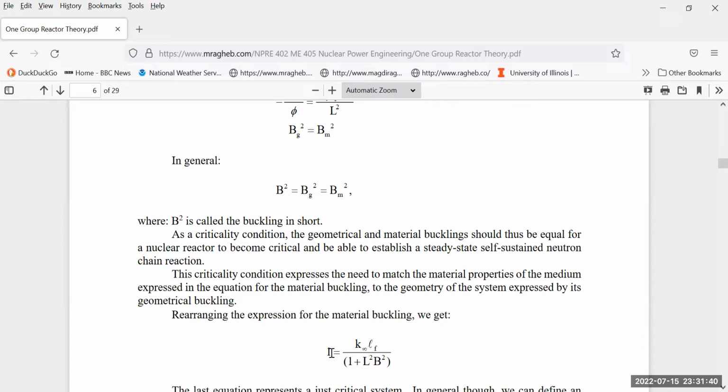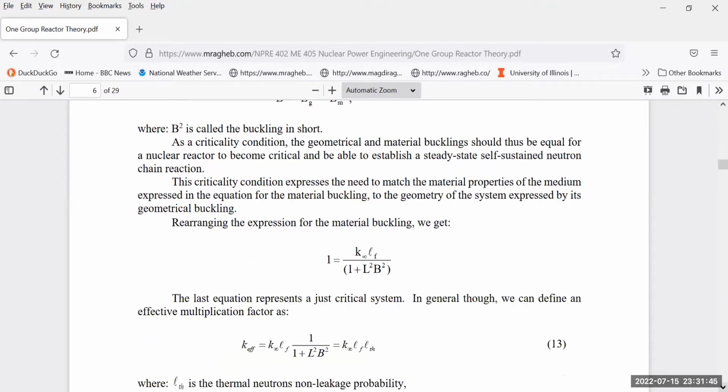And if it is equal to 1, that would be the self-sustained steady state solution, and that would be for just a critical system. Criticality here means that the system is just moving in a steady state because we assume that dN by dt is equal to 0. And that should be equal to 1, meaning that the numerator and denominator should be equal to each other to make it 1.